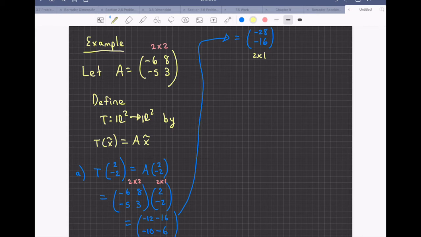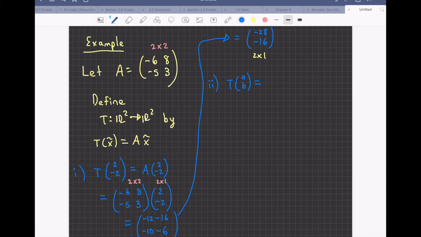Now, what is T of (a, b)? T of (a, b) is a representative of a vector with two components.